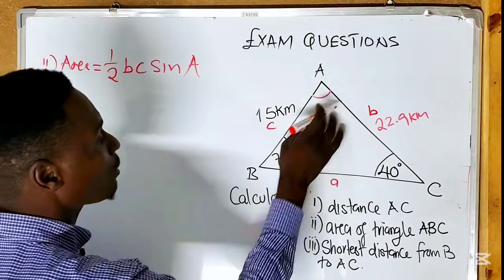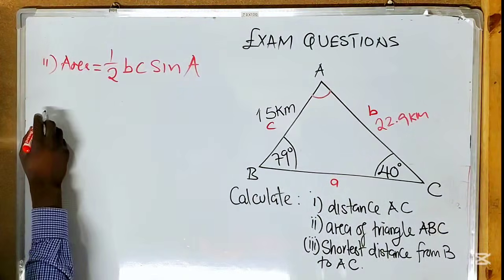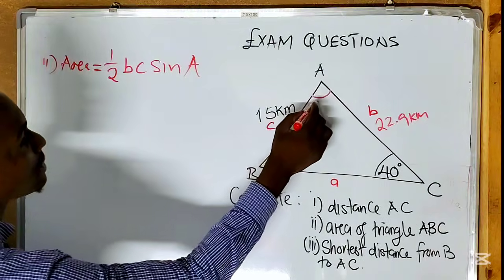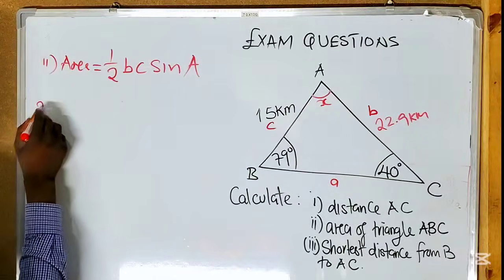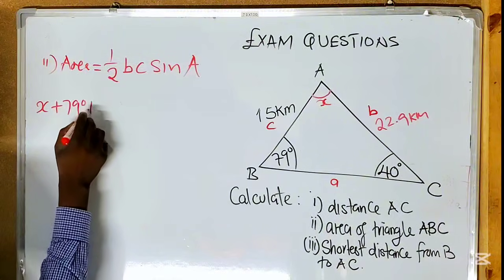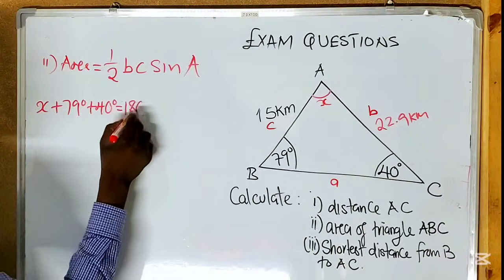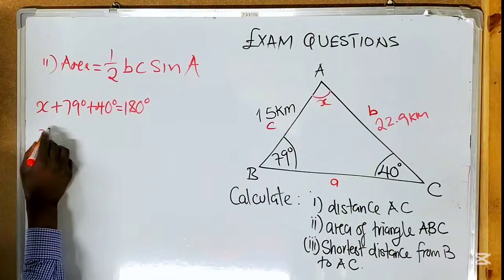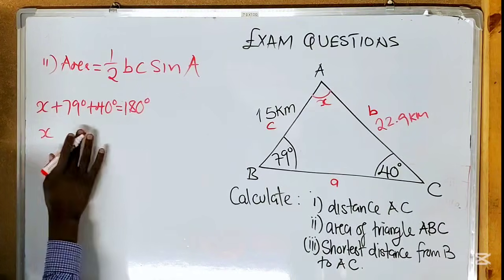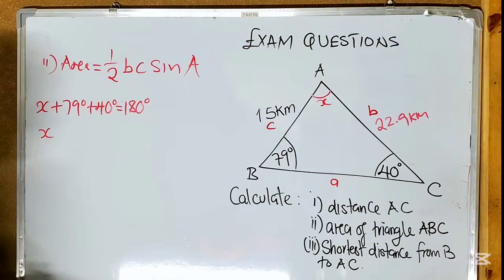It's easy. Angles in a triangle add up to what? 180. So we can just put X here. So you can say X plus 79 degrees plus 40 degrees is equal to 180 degrees. Okay, so X is equal to, let's add 79 plus 40.